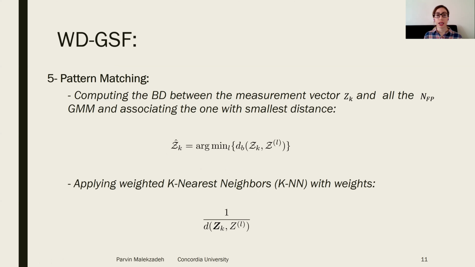This one. The second scenario is applying weighted nearest neighbor, but with weights that are the inverse of the Bhattacharyya distance between the online RSSI vector and the model of the zone.